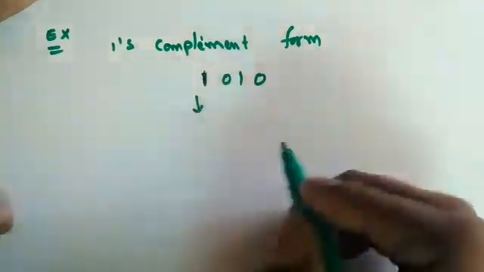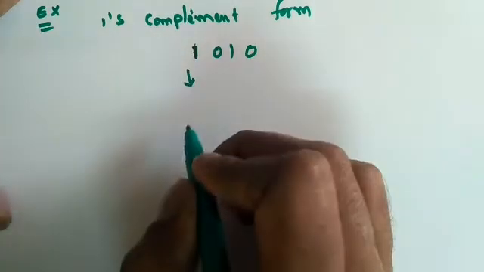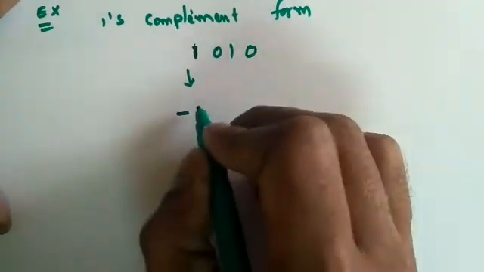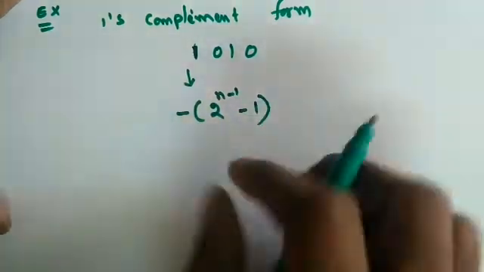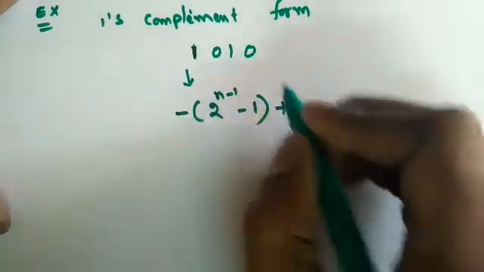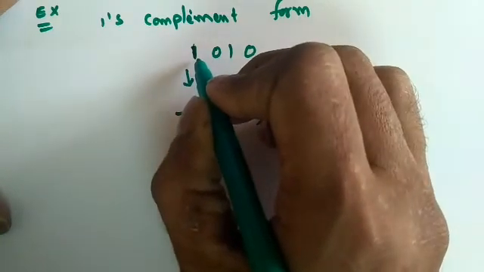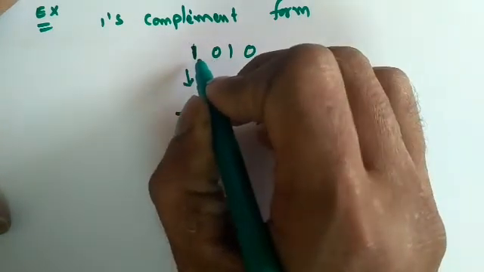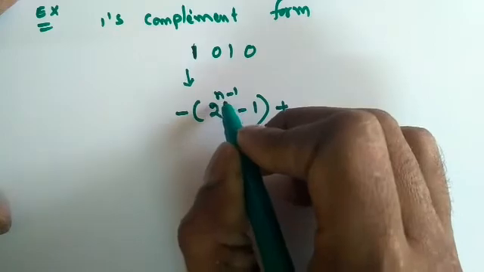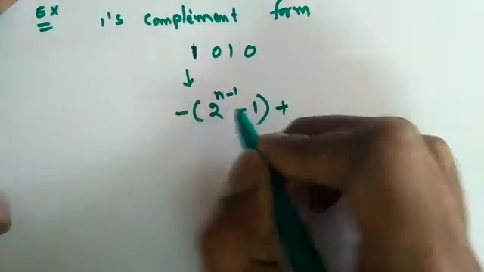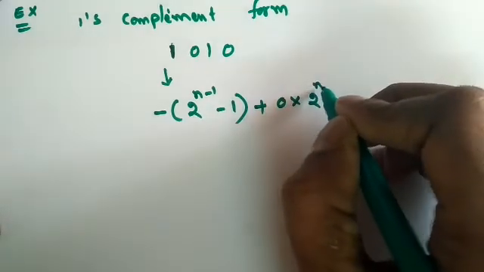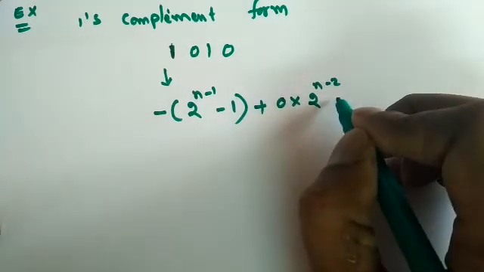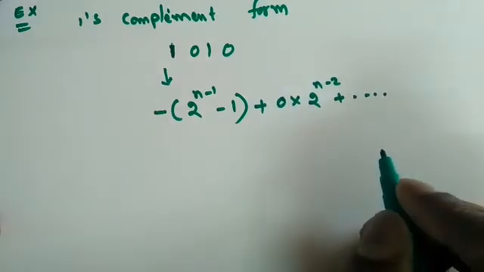There is a procedure: the first bit is negative, so minus of 2 power n minus 1, minus 1. This is the first term, plus the remaining bits, 0, 1, 2, 3 and so on, with 0 into 2 power n minus 2, plus and so on, right?